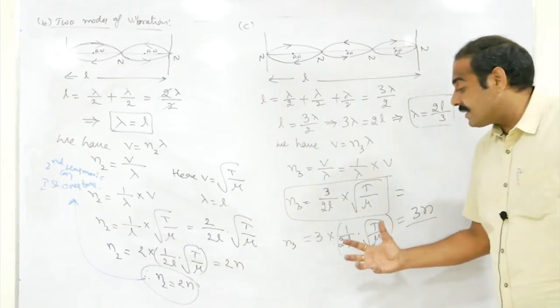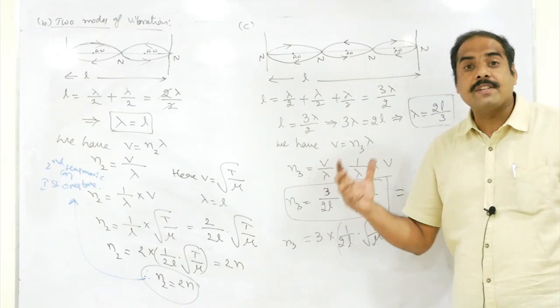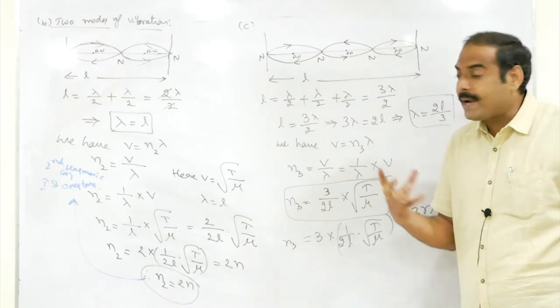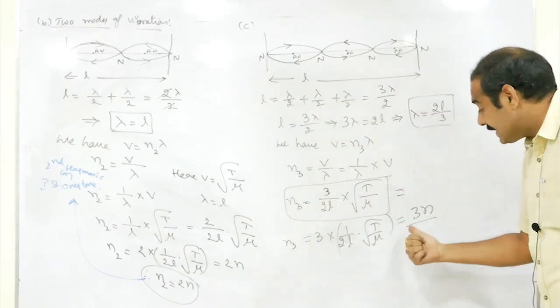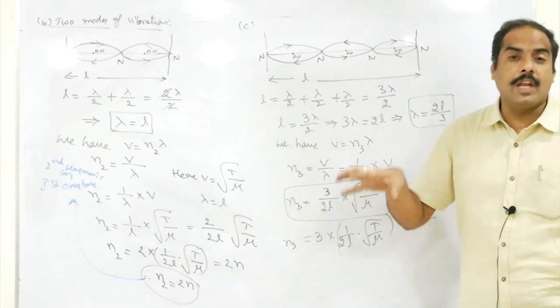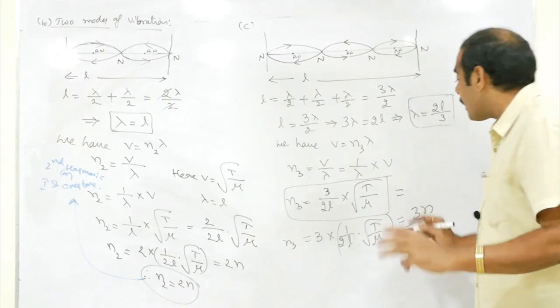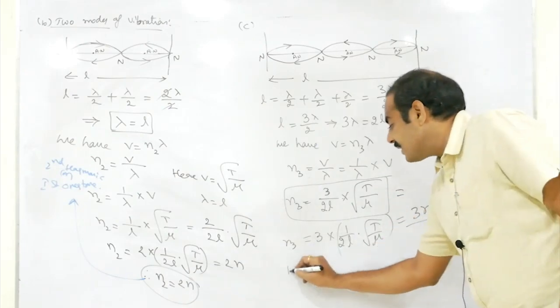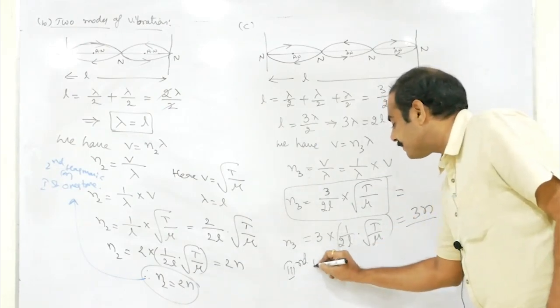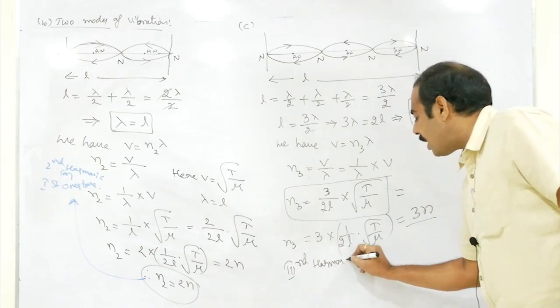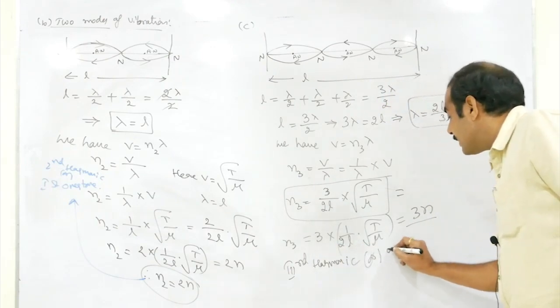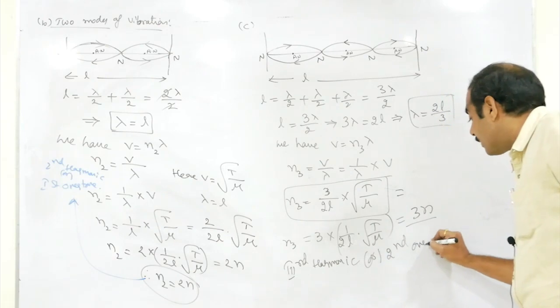Now this is the frequency of a stretched string when it vibrates in 3 segments, which is 3 times the fundamental frequency. Hence you can call this the third harmonic, or second overtone.